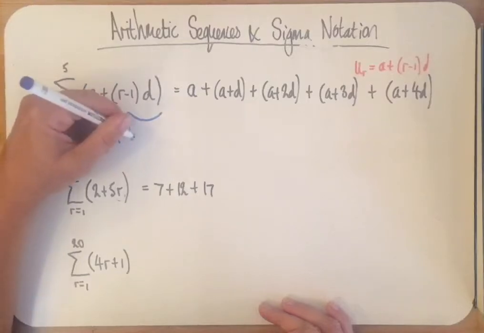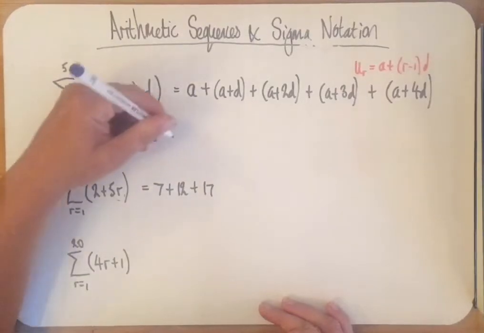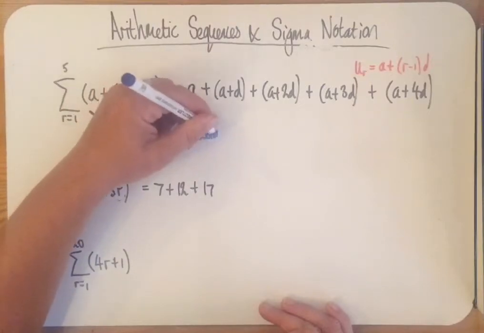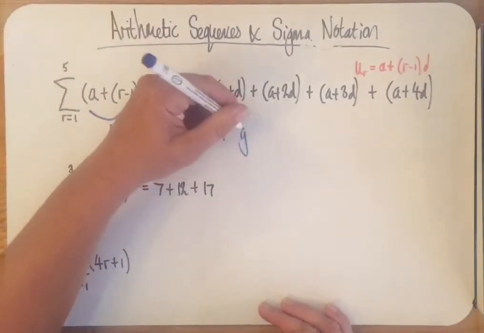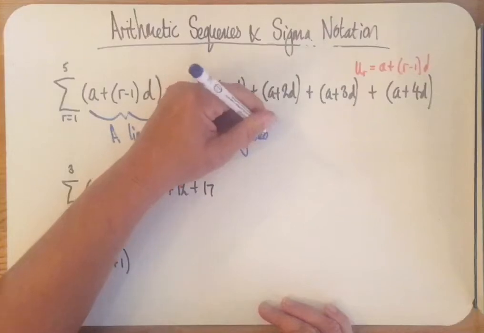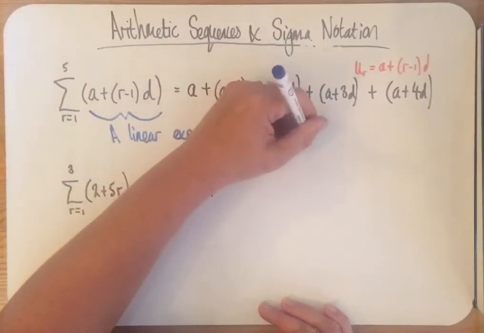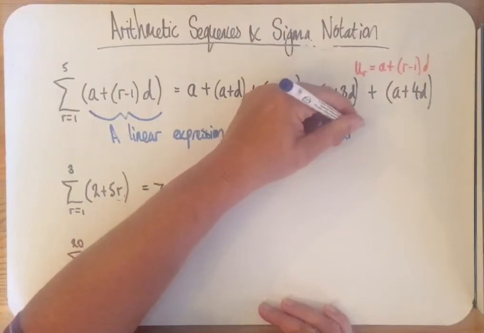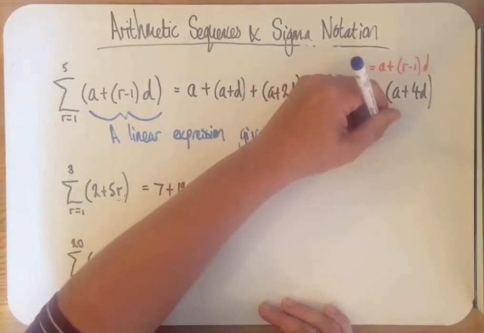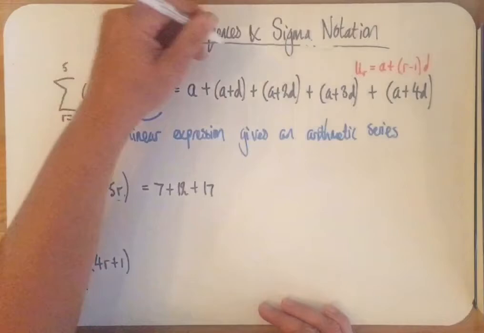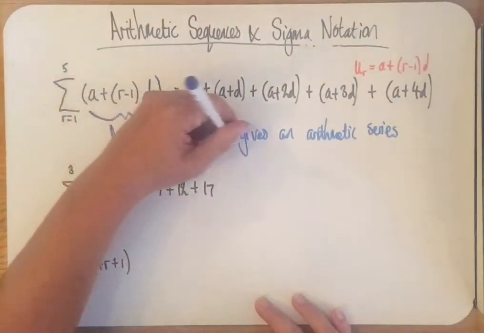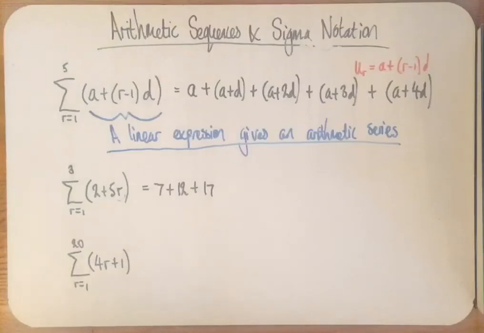So a linear expression gives an arithmetic series. A series is when you add a sequence. So probably you could have put series in the title, but that's the key point I'm trying to make.